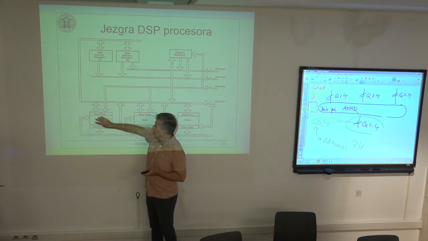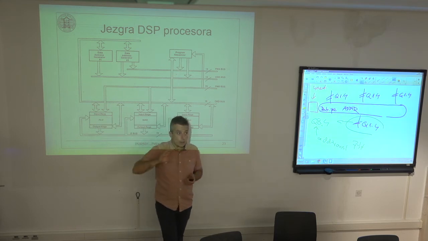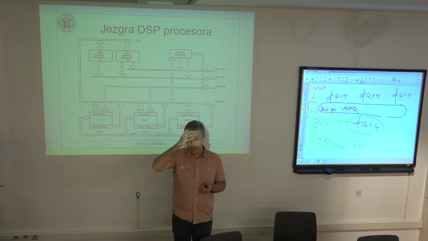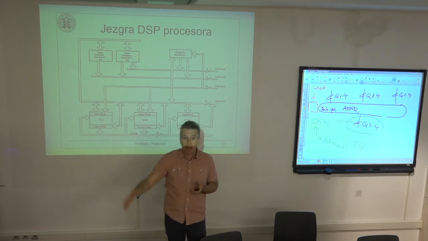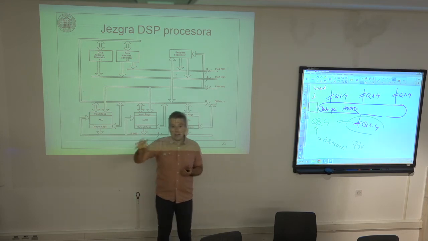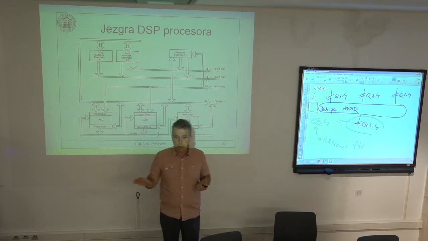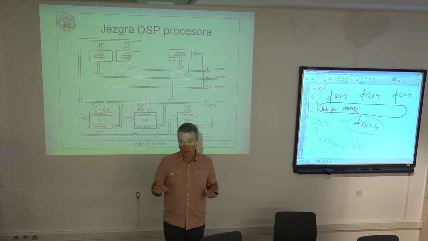The instruction cannot be executed for data coming directly from memory. For example, I address the memory location and I want to add this value from this address to some other value. Such instructions are not possible in the direct or indirect addressing.